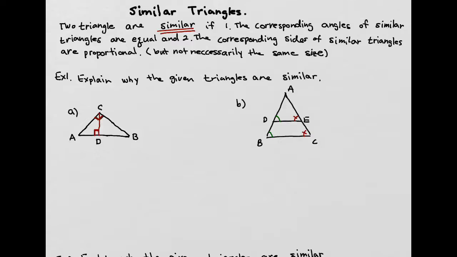So if I want to write that down, it's going to be angle BCA equals angle ADC, which is 90 degrees. So one angle is the same. And the other angle that is the same is when you're looking at angle BAC, which is the same angle as angle DAC, right?